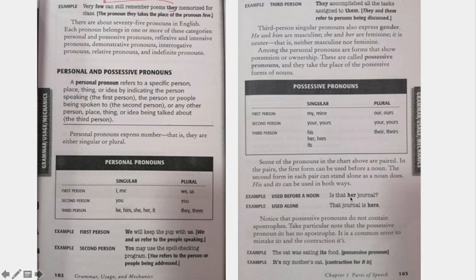Used before a noun: Is that her journal? It is referring to the ownership of the journal, therefore it is placed before the noun. And it could also be used alone. That journal is hers. So this time, it is placed after the noun and the verb.